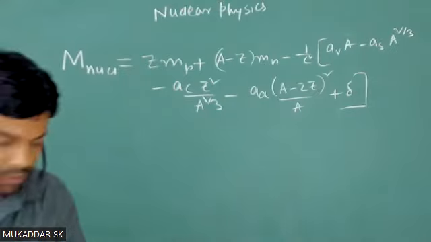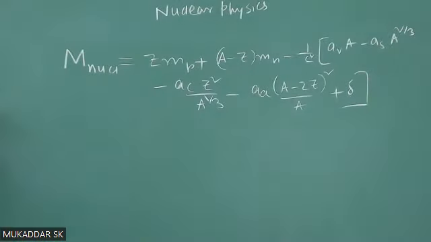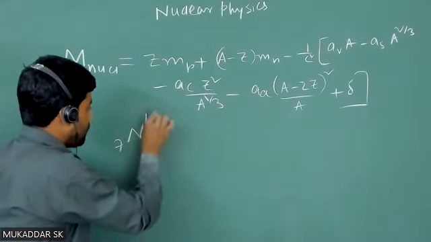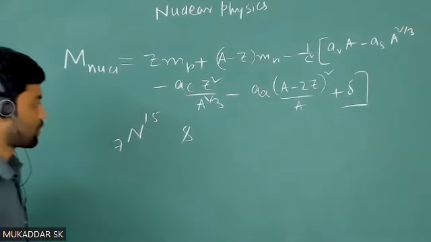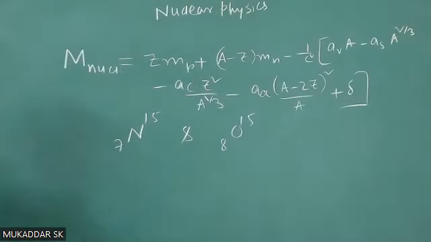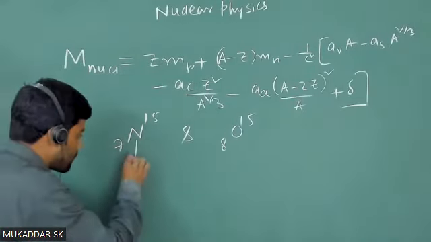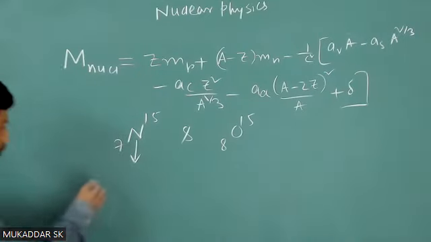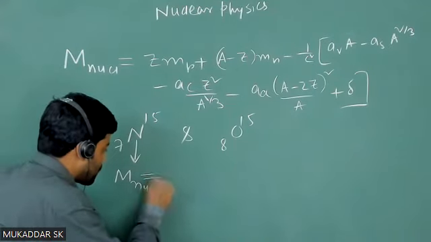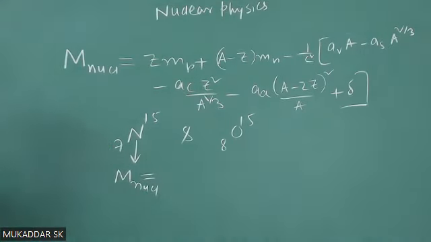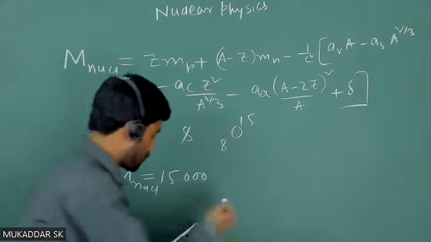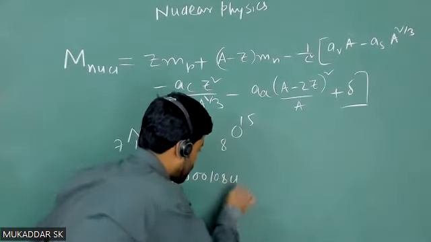So suppose you have 2 nuclei, nitrogen 7, 15 and oxygen 8, 15. The mass of these nuclei is known and given. The mass of this nucleus is 15.00008 atomic mass unit.